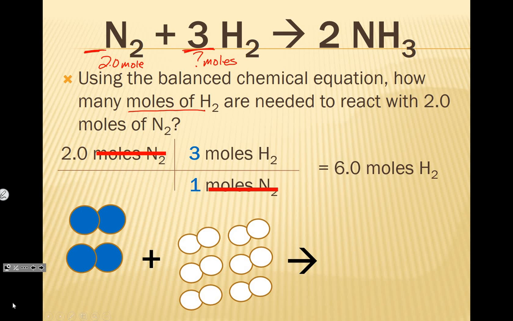If I have 2 moles of nitrogen, I need 3 moles of hydrogen, and it gets me 2 moles of ammonia.